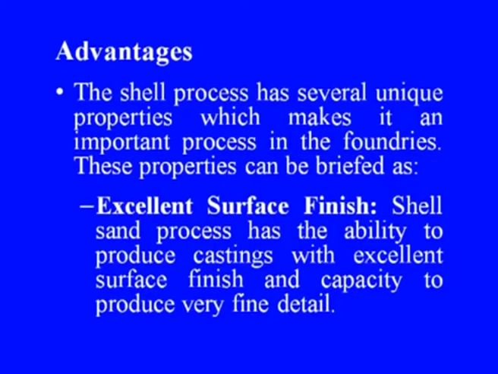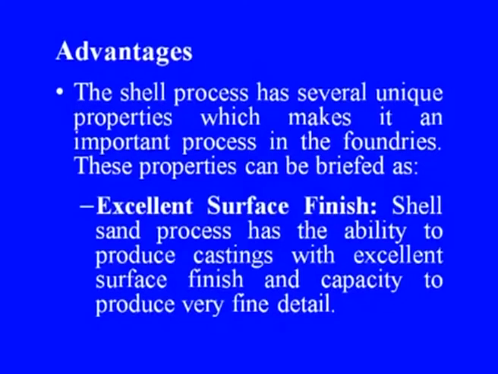Let us see the advantages of this process. The cell molding process has several unique properties which makes it an important process in the foundries. These properties can be briefed as the excellent surface finish.